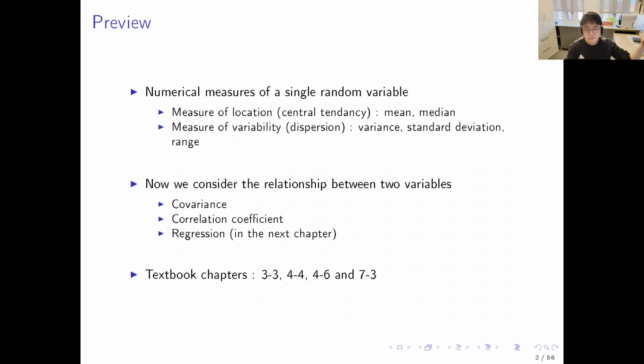But before learning the regression model, we first need to understand some basic measures to handle multiple variables. They are the covariance and the correlation coefficient, in this chapter. So we are going to prepare ourselves before we learn the regression model, which is the most important chapter of this semester, right, in this course.